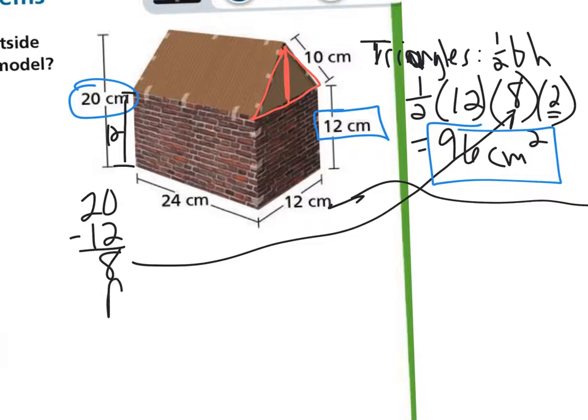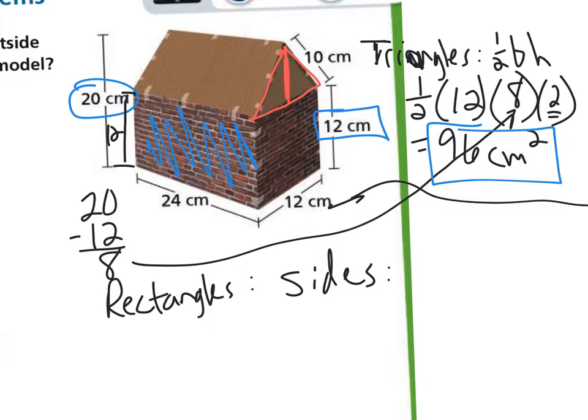Besides the triangles, we have some different rectangles. We've got some different sets here. I'm going to call the sides like this here. So what's the dimensions on that? 24 by 12. 24 by 12, good.